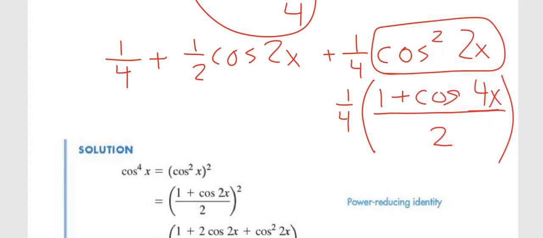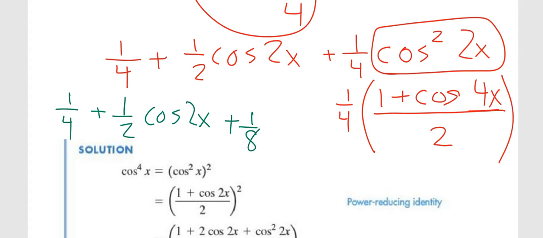So my final answer here, 1/4, that was a good term, plus 1/2 cosine 2x, that was a good linear term, plus, what's the last term? 1/8, good call. That's 1/4 times 1/2 right there. And maybe just for my sanity's sake, maybe I should separate it into these two, just so that in my mind I can write this out.